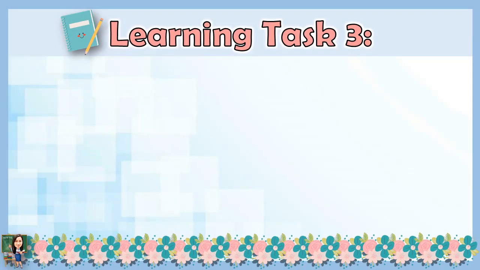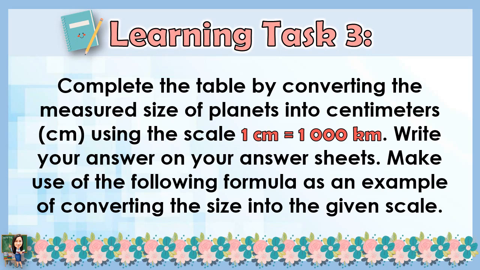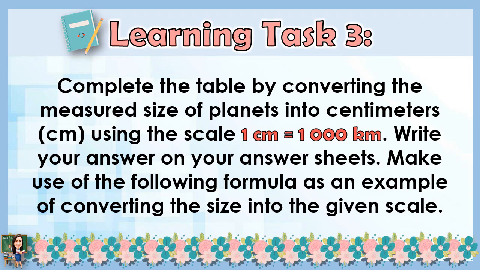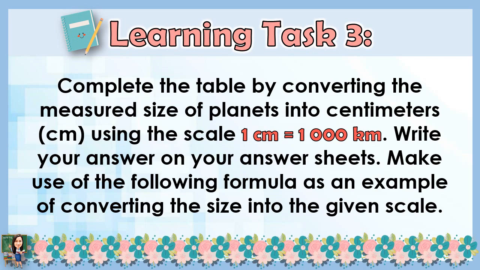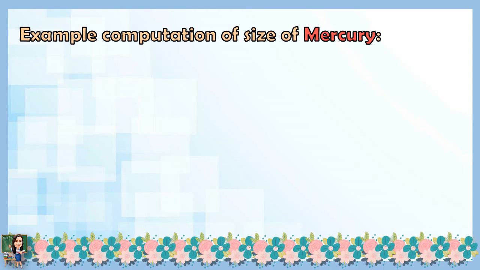For Learning Task 3, complete the table by converting the measured size of planets into centimeters using the scale 1 centimeter equals 1,000 kilometers. Write your answer on your answer sheets. Make use of the following formula as an example of converting the size into the given scale. Example computation of size of Mercury.